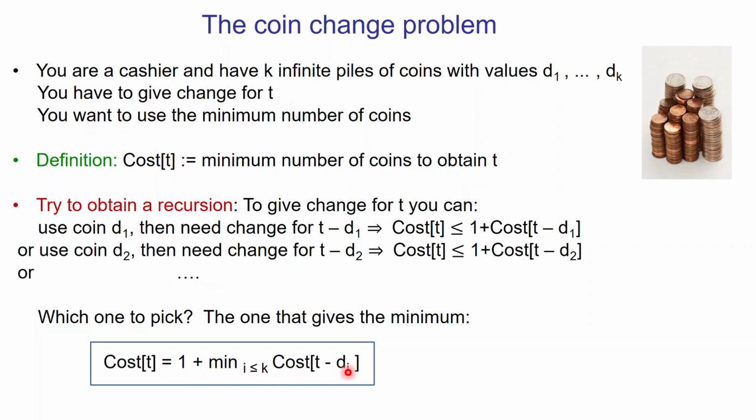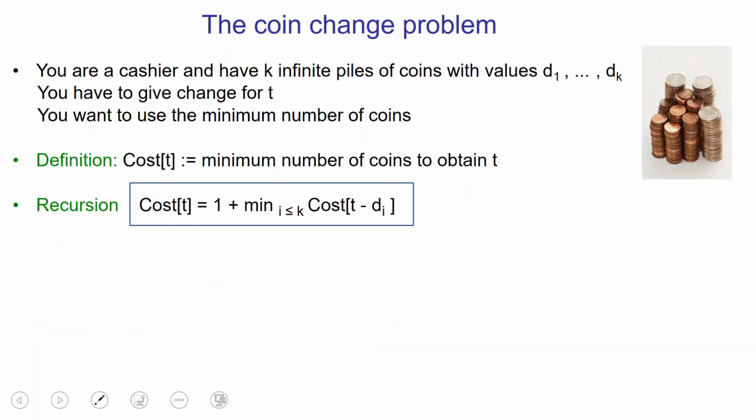The minimum of the cost of t minus Di, where i ranges over all the coins that you have. If you have an optimal solution to change for t, you must be using some coin. When you remove the coin, you must still have an optimal solution for the remaining value. This is captured by this equation here.